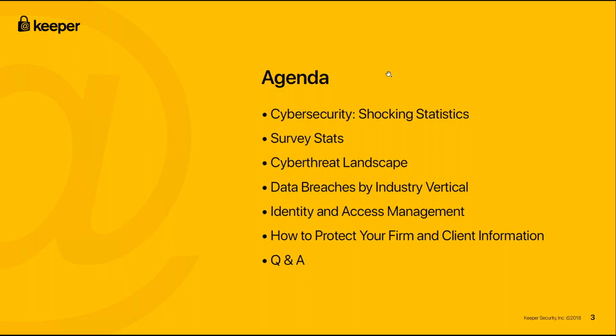Next, I'm going to talk about survey statistics, the cyber threat landscape, and data breaches by industry vertical. We're going to talk about identity and access management, which is a really important part of building a cybersecurity posture, a budget, and a system of internal controls at your firm to really protect and safeguard personal identifiable information for both your firm employees and your clients, and we'll talk about how to do that.